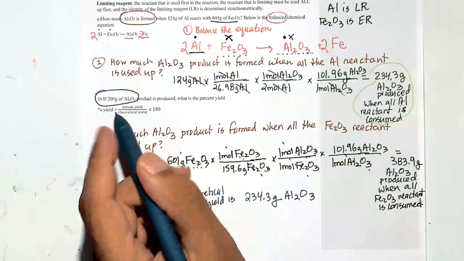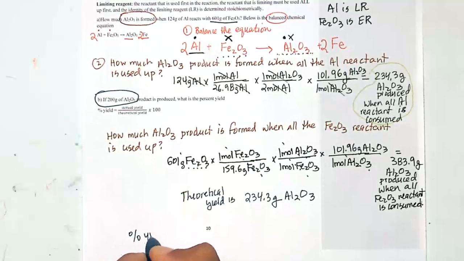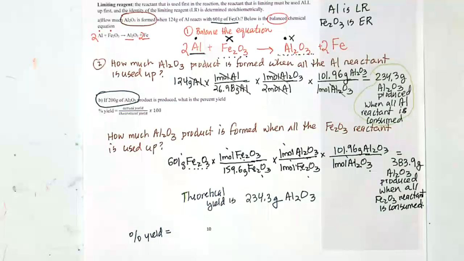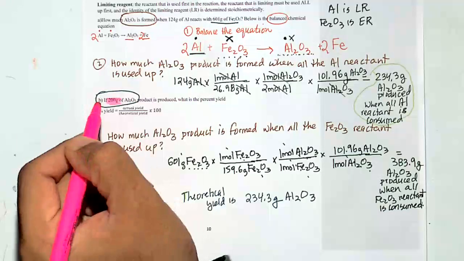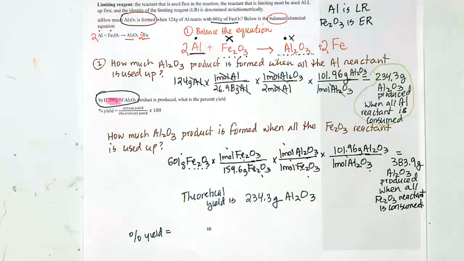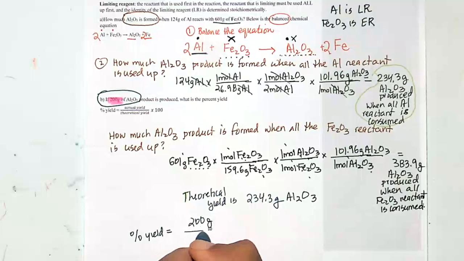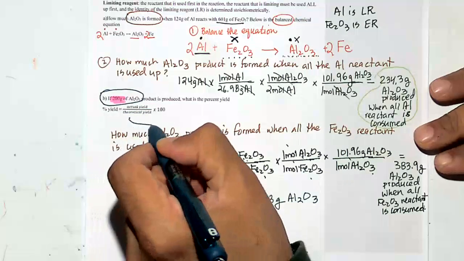Okay? So we have something called the percent yield, which is the actual yield. In this case, you do this reaction, and in this problem, they did it, and they got 200 grams. And in theory, what is our theoretical yield?